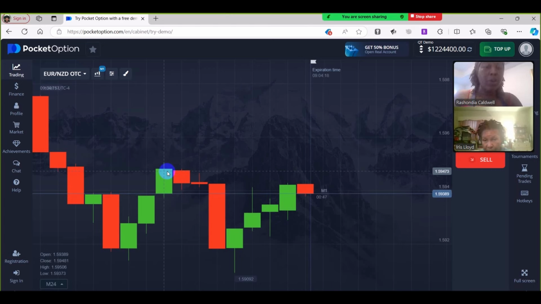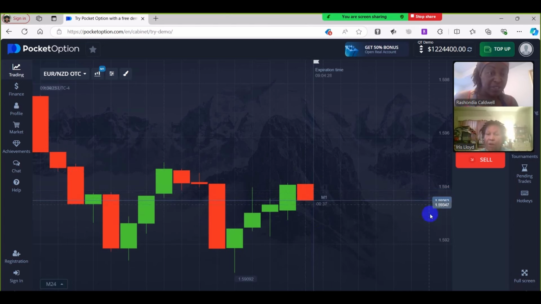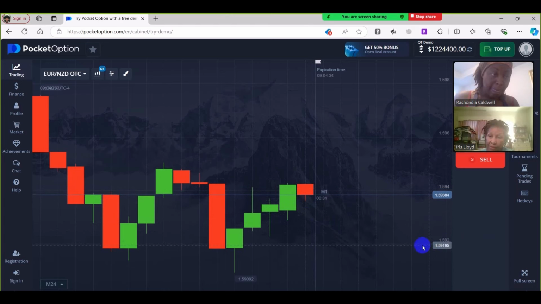Right? And we know that the wicks are the pullbacks. It's pulling back from the area where it went on that specific candle. Is that what you mean?